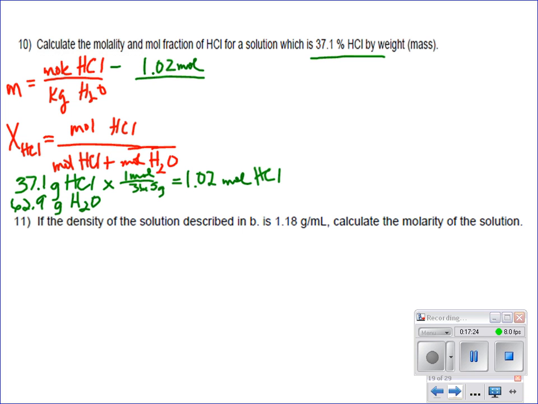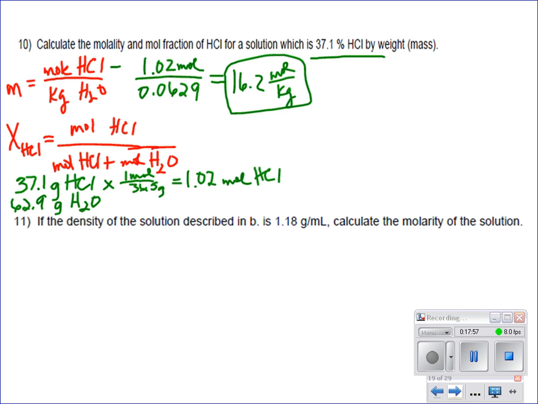Do we have kilograms of water? I know grams, 62.9, so what are kilograms? 0.0629. Then we're going to just solve for molality. And what do we get? To three sig figs, please. 16.2. And it's moles per kilogram, our answer. So that's our molality.